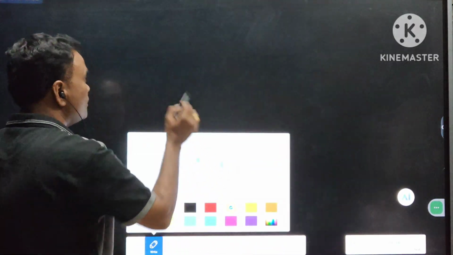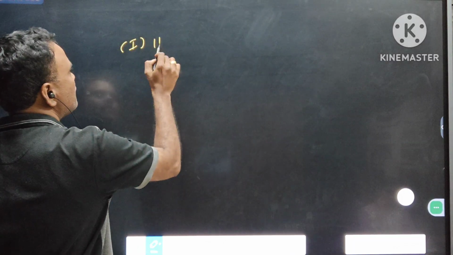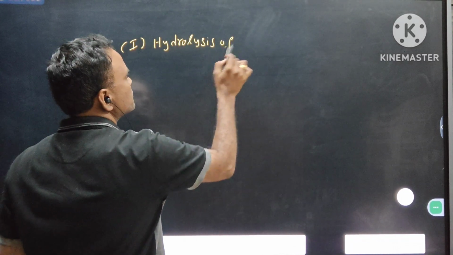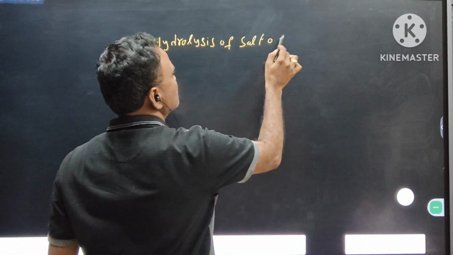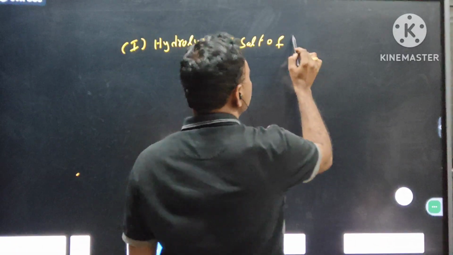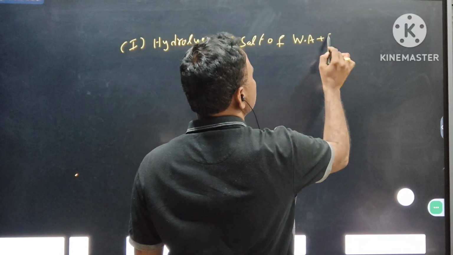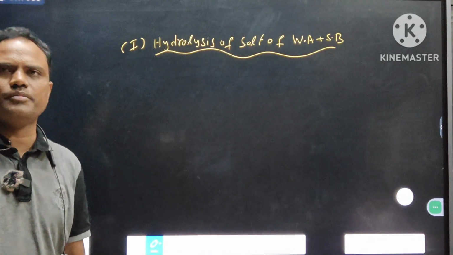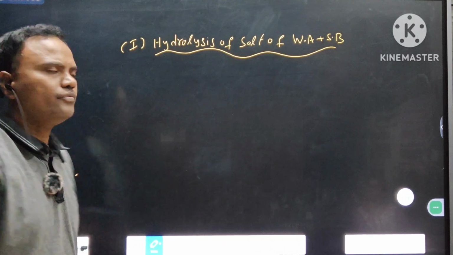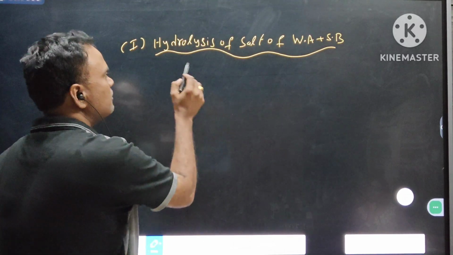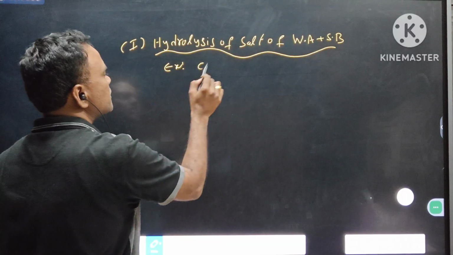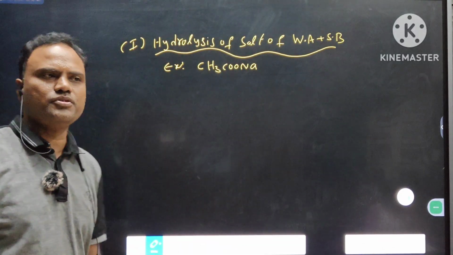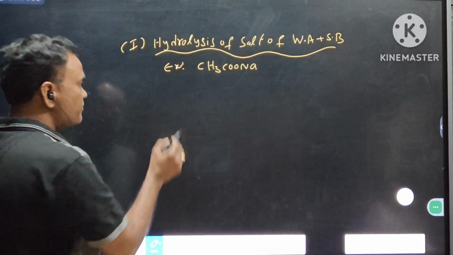So I gave the types of salts. Hydrolysis of salt of weak acid plus strong base. I already gave the example. Weak acid plus strong base. Example for this salt is CH3COONa, sodium acetate.